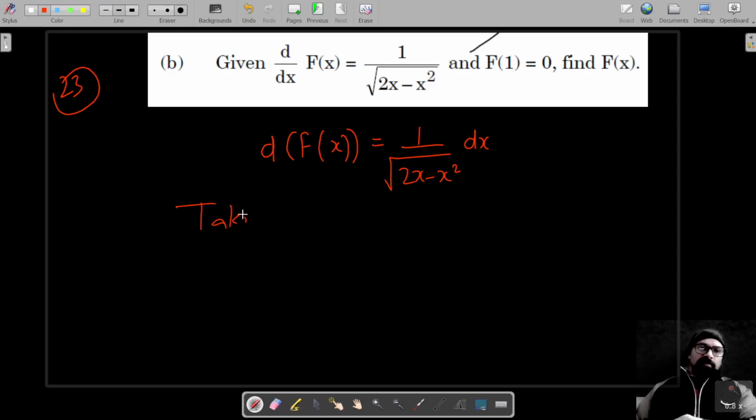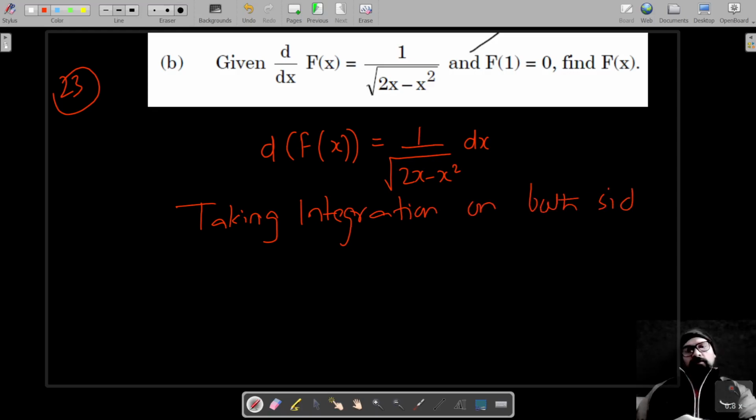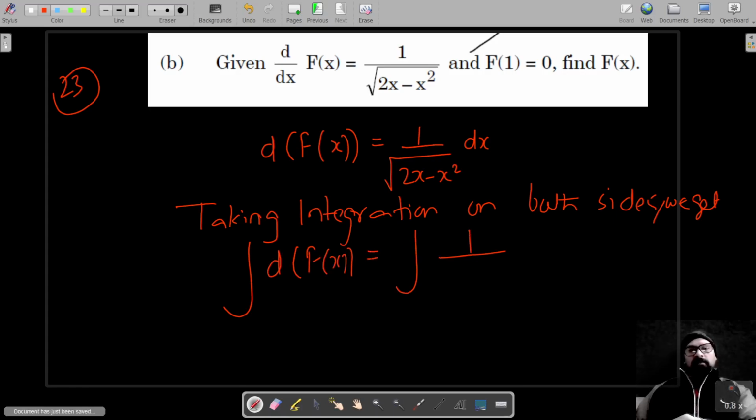Taking integration on both sides we get the integration of d of f of x is equal to the integration of 1 upon under root 2x minus x square into dx.